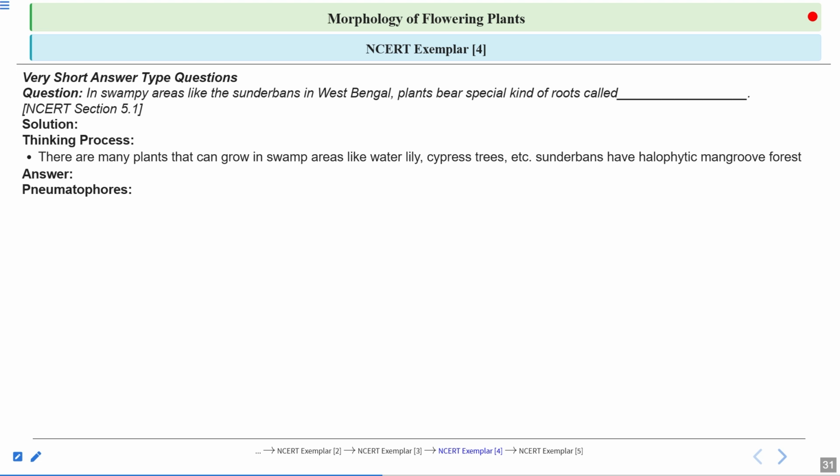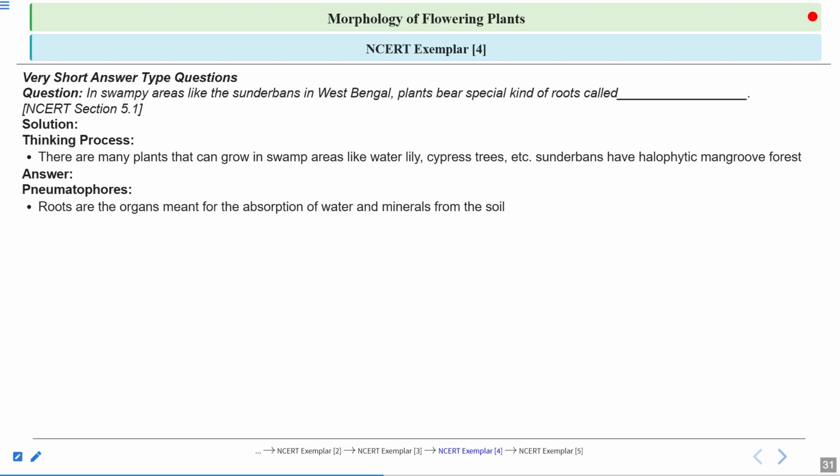In swampy areas, and the Sundarbans are one example of a swampy area, present in West Bengal, the roots become pneumatophores because they have to take oxygen from the air. The roots turn upward, showing the negative geotropic phenomenon, right?